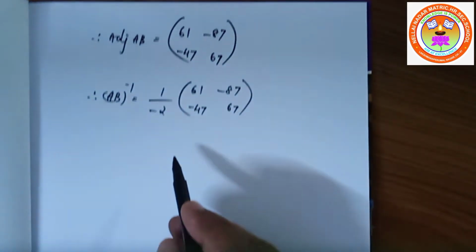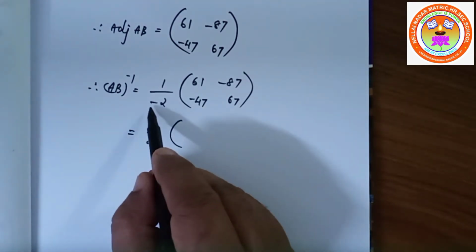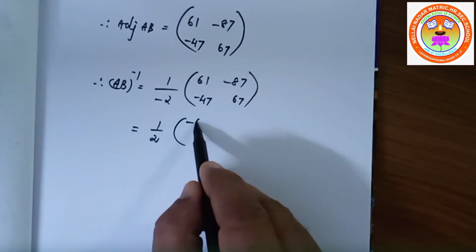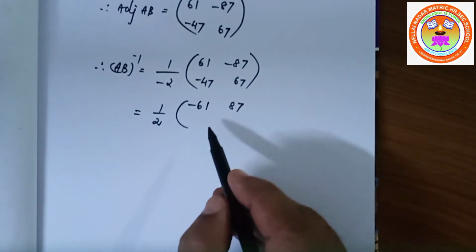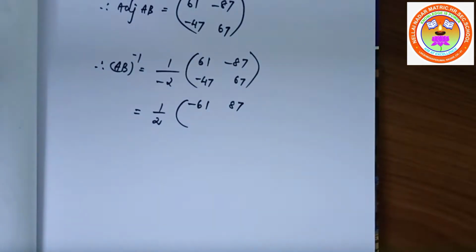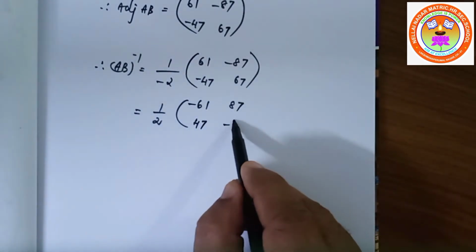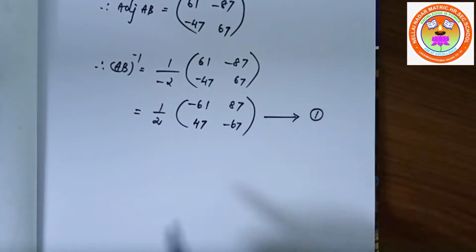So you can retain that half outside the matrix, and the minus is multiplied in. Minus into 61 is minus 61, minus into minus 87 is plus 87, minus into minus 47 is plus 47, minus into 67 is minus 67. So LHS is over, let it be number 1.